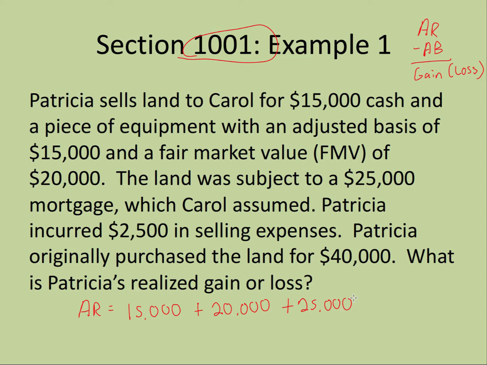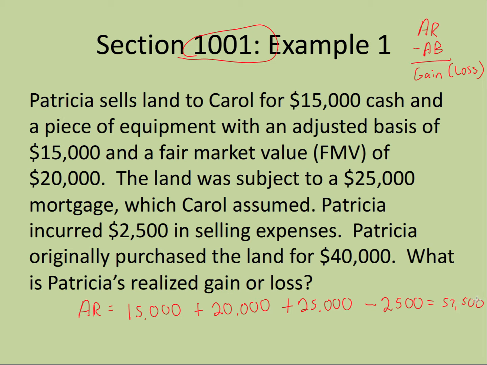Next, we have to consider any selling expenses. Patricia incurred $2,500 in selling expenses. Maybe Patricia hired a real estate agent to sell this land. So we subtract away $2,500. When you add all that up and subtract, you get $57,500 as the amount realized.